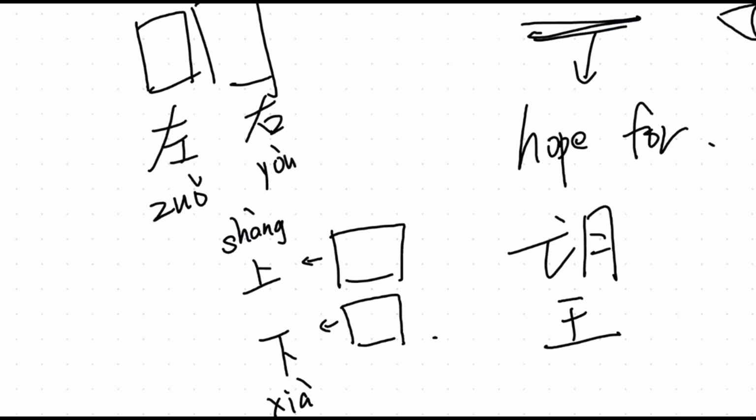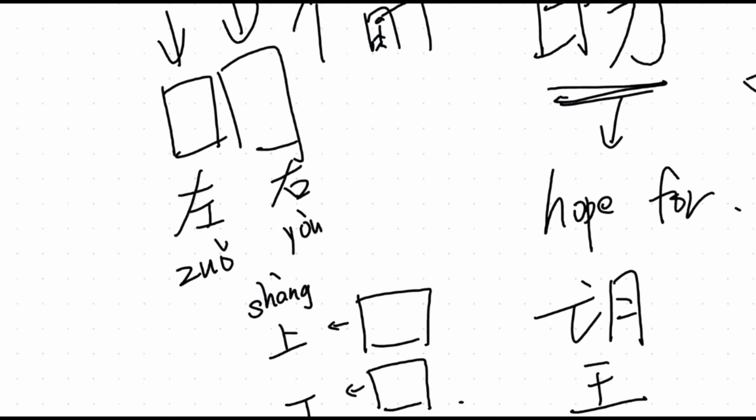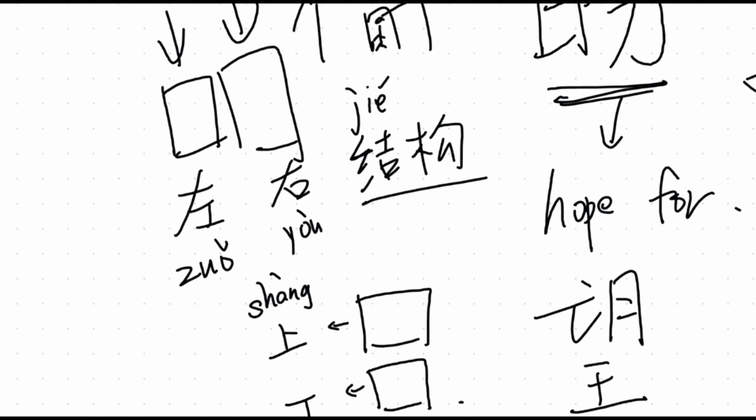So easily they'll be called 左右结构. 结构 is structure. Structure, okay. So left, right structure.